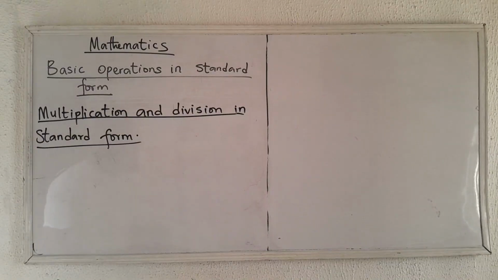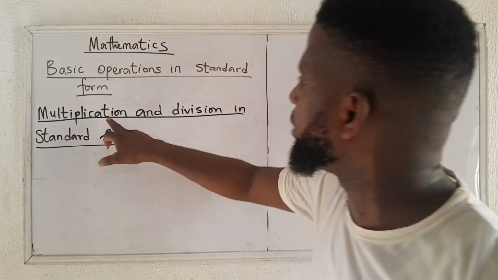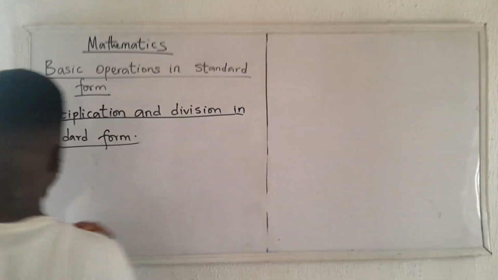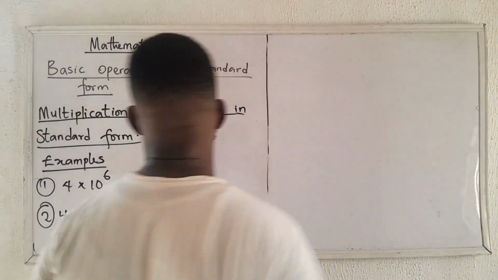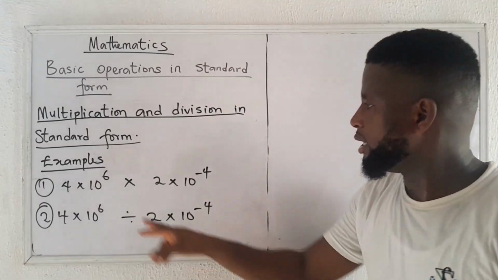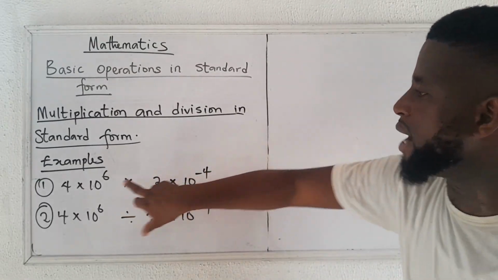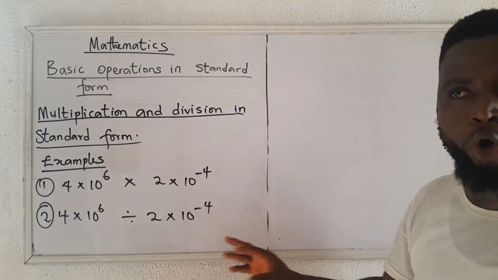The next topic we are looking at is multiplication and division in standard form. Now, for example, unlike addition and subtraction, you are not concerned with whether their indices are the same or not.